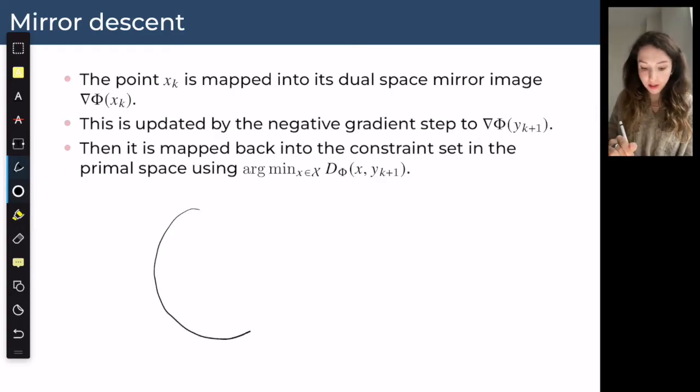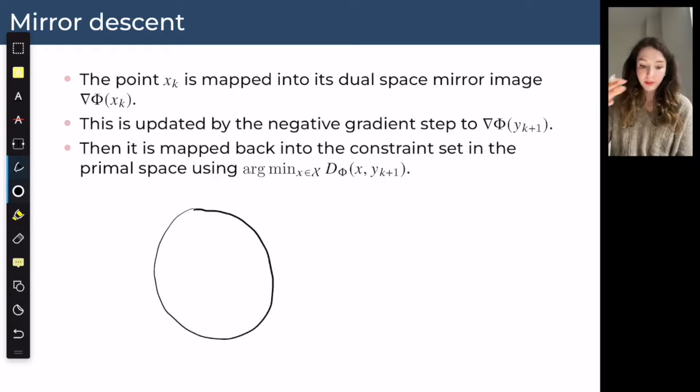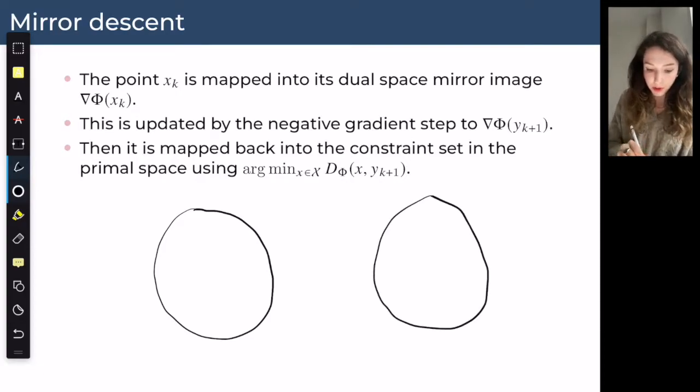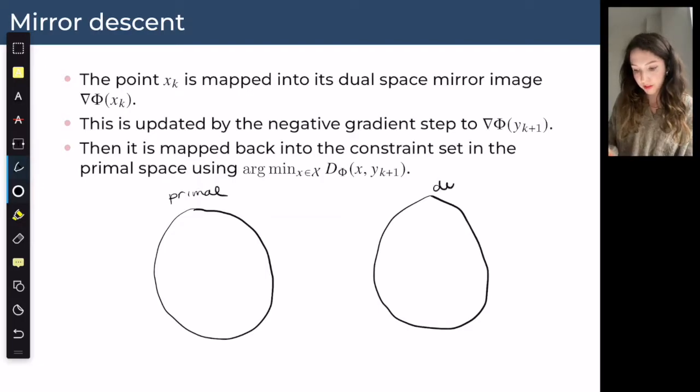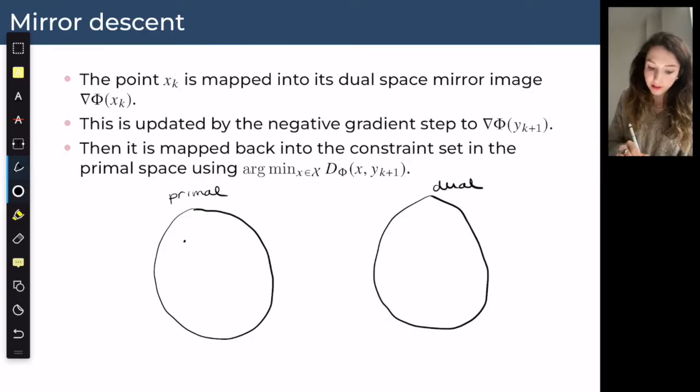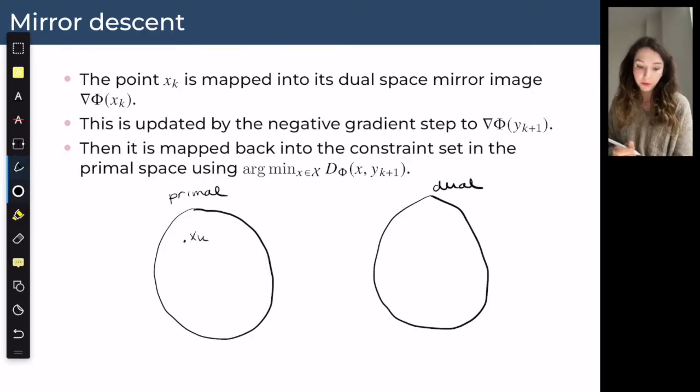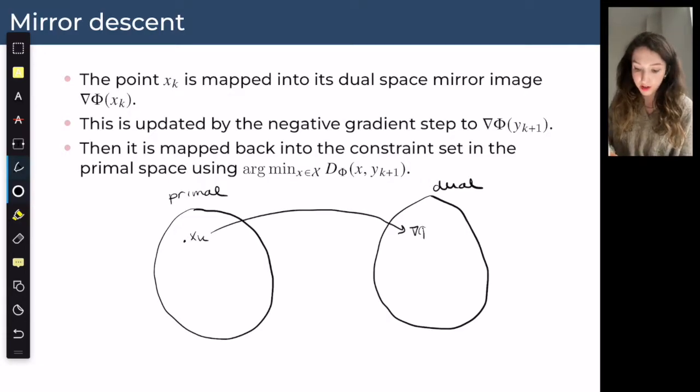Essentially, mirror descent can be seen as something that moves between a primal space and a dual space using this mirror map phi. So if we assume that we have some primal space here and some dual space here, starting with our point xk in our primal space, we map this into the dual space. This is where gradient phi of xk lives.